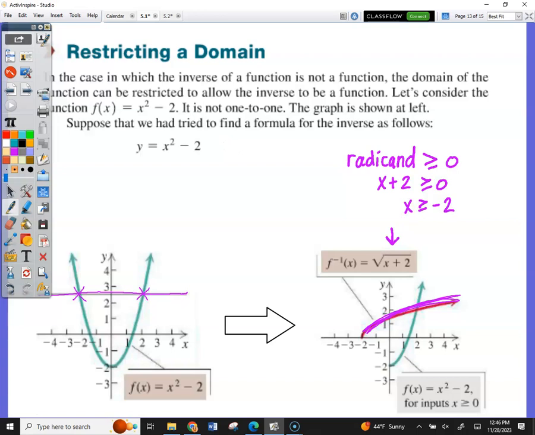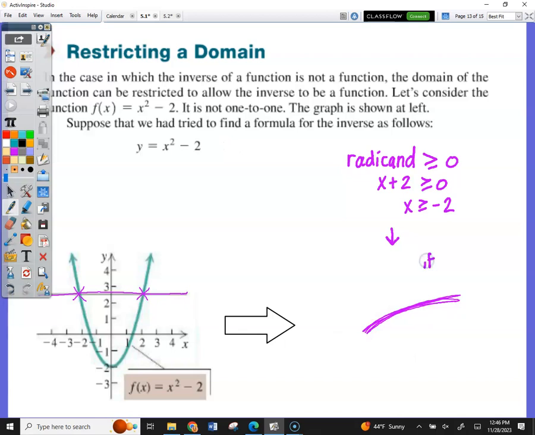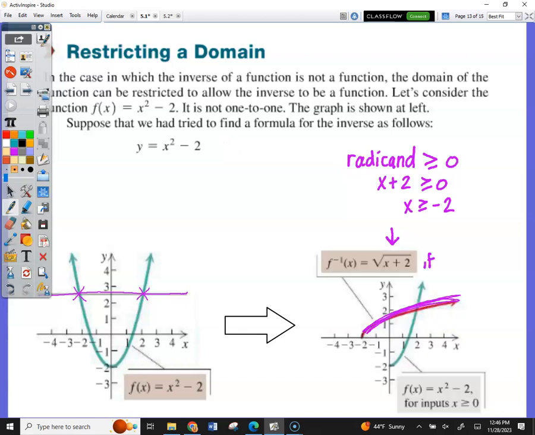So this inverse function would satisfy the function requirement, the vertical line test, if the domain stays greater than or equal to -2. So we've restricted the domain. We're saying don't plug any number you want in. Only plug in numbers that are at -2 or counting up.